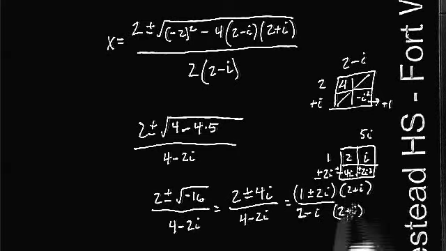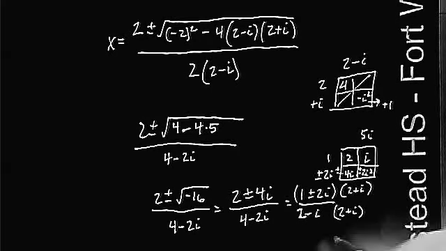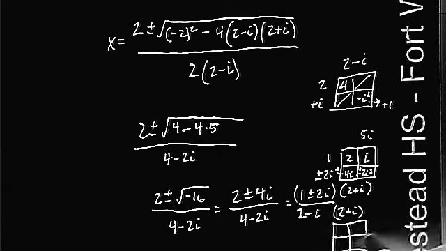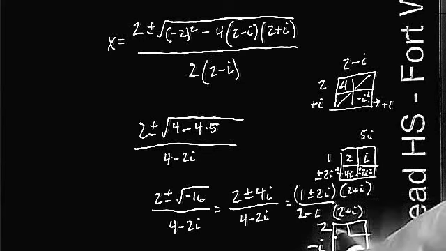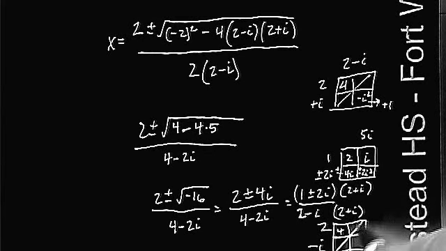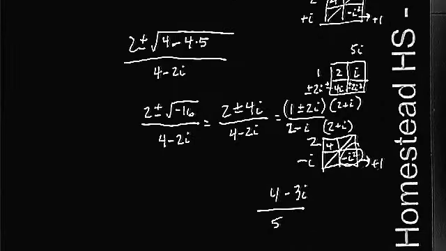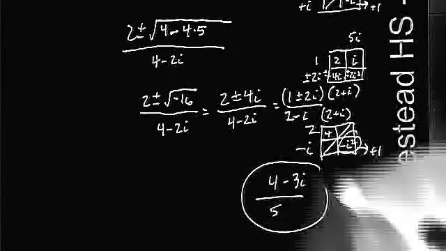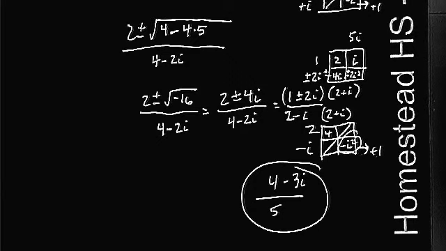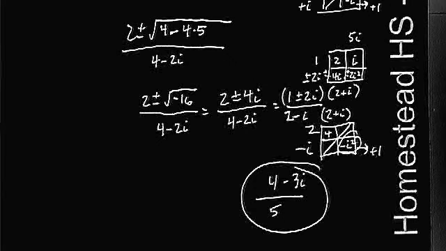And then I foiled the top, foiled the bottom kind of thing. Those cancel out because they're conjugates. You'd have a 2i and a negative 2i, and then negative i squared. So that's going to be plus 1. So 5 on the bottom, and we end up with 4 minus 3i on the top. So there's my answer, part D.